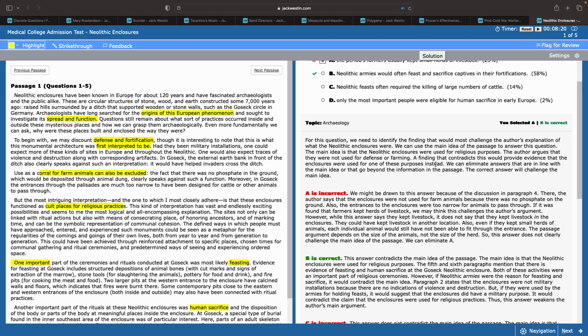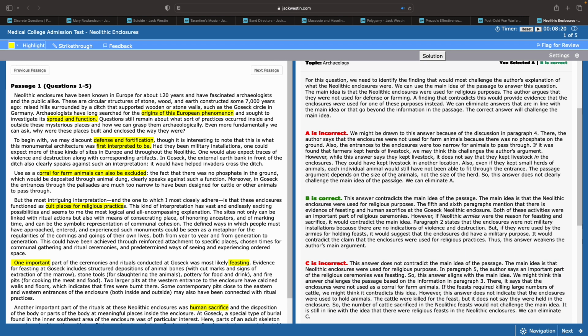A finding that contradicts this would provide evidence that the enclosures were used for one of these purposes instead. We can eliminate answers that are in line with the main idea or that go beyond the information in the passage.